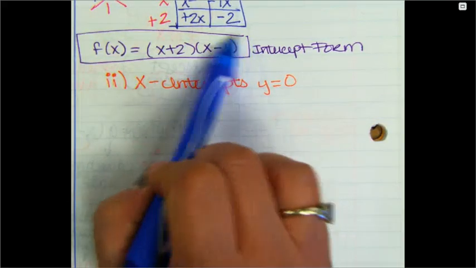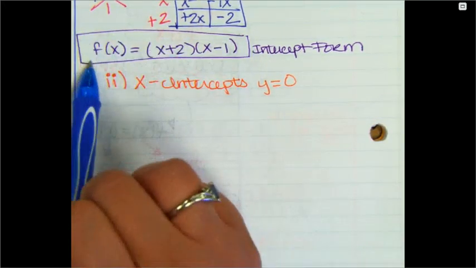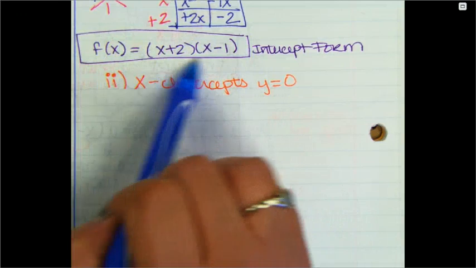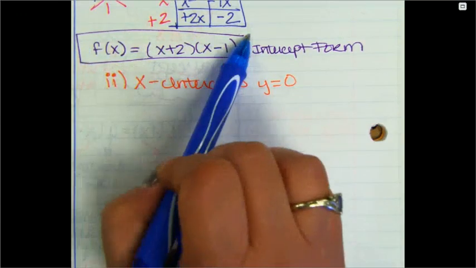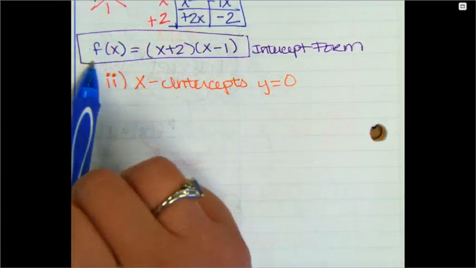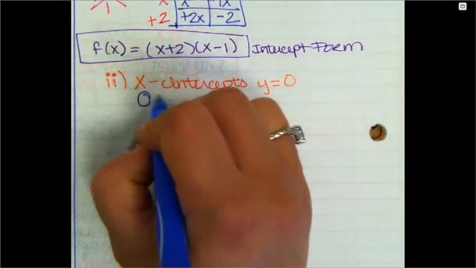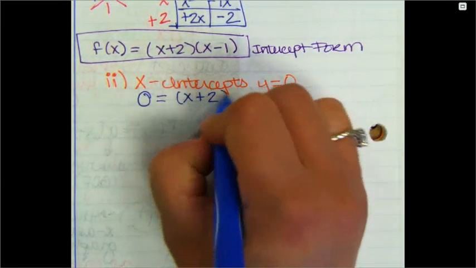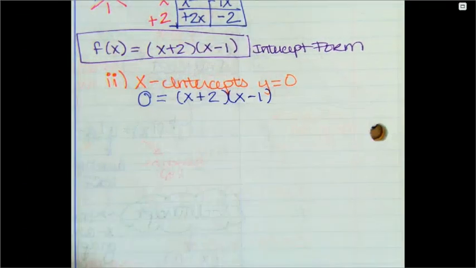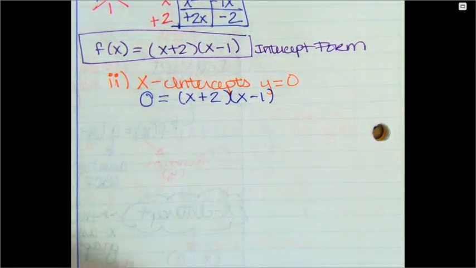What is representative of y? F of x. Thanks, Alex. So 0 equals x plus 2 and x minus 1, yeah? Then what do I do? X plus 2 equals 0 and x minus 1 equals 0.